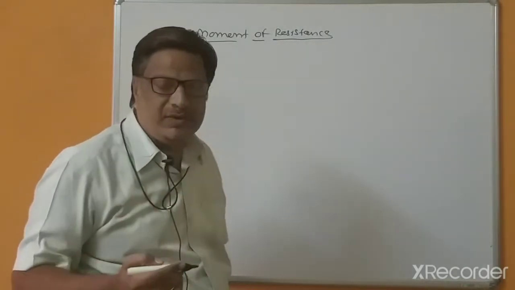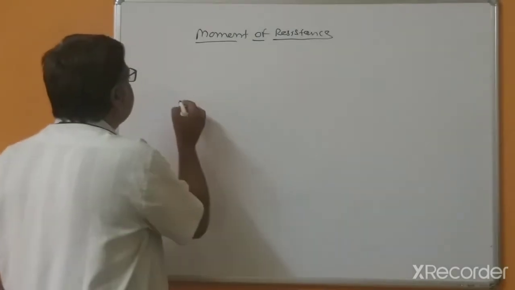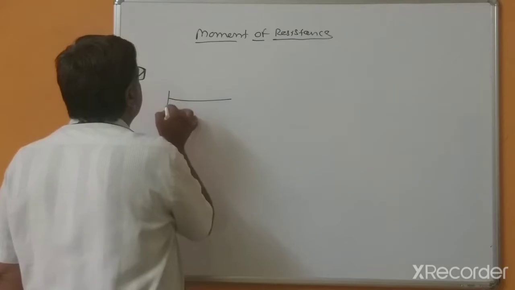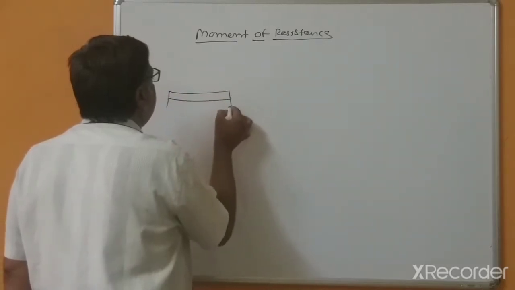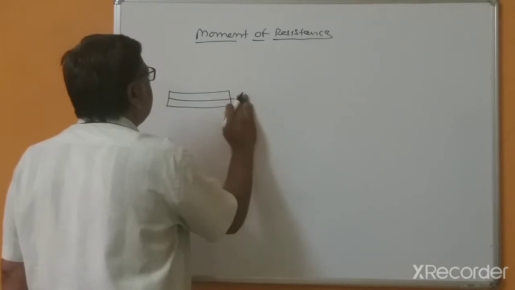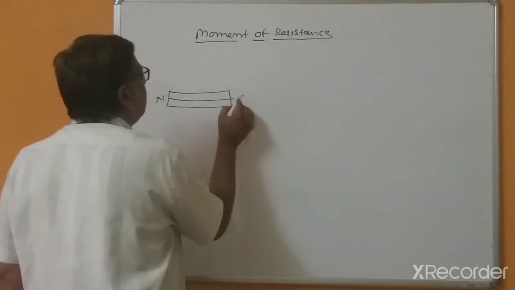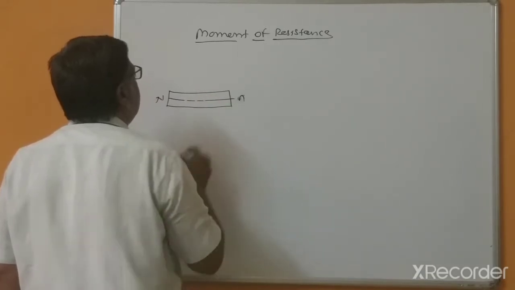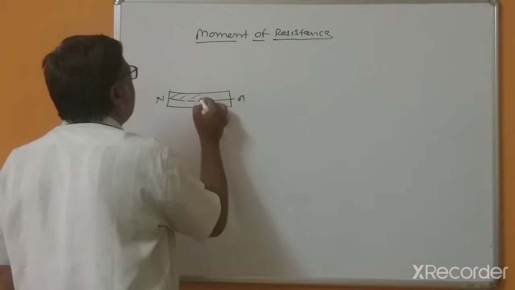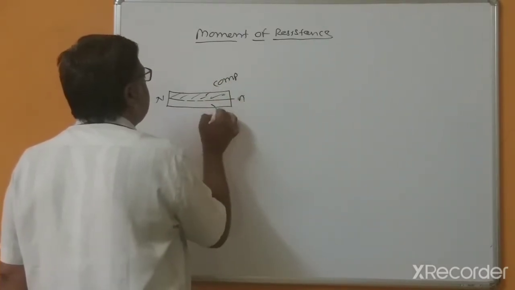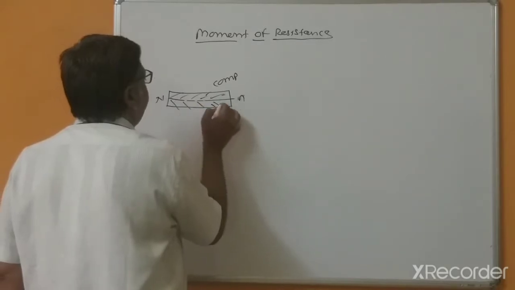As you know about the neutral axis, this is the neutral axis. This area is the compression and this is tension.